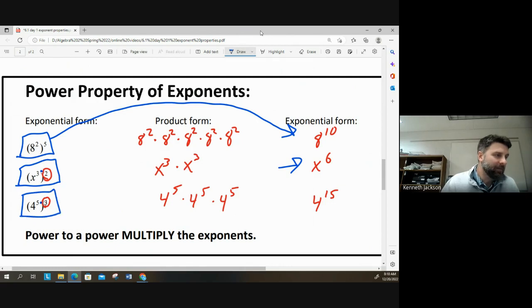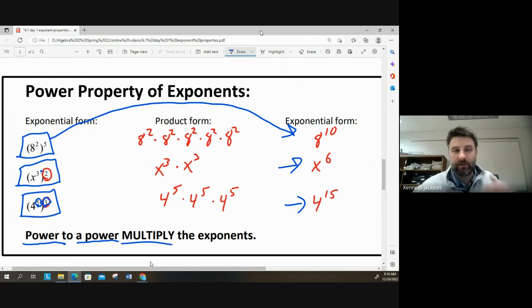If I multiplied 5 times 3, that would give me 4 to the 15th. So the rule is if you have one power raised to another power, power to a power, we can multiply. You could write them all out, but a more efficient way would be to just multiply the exponents.